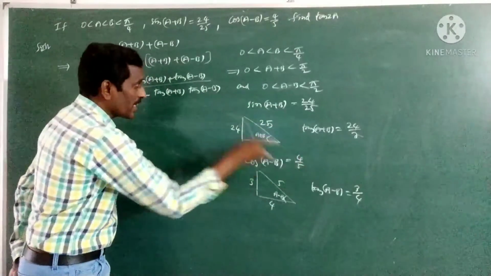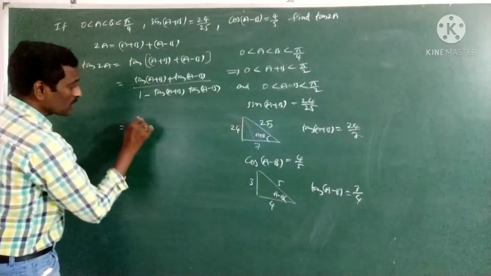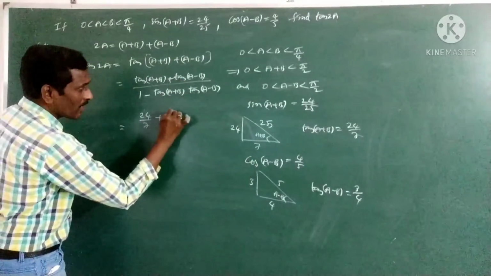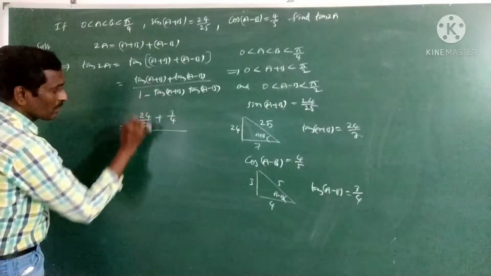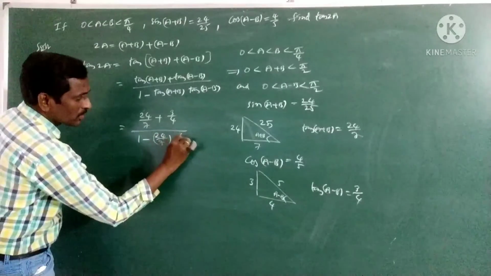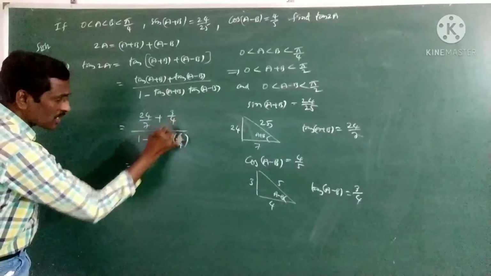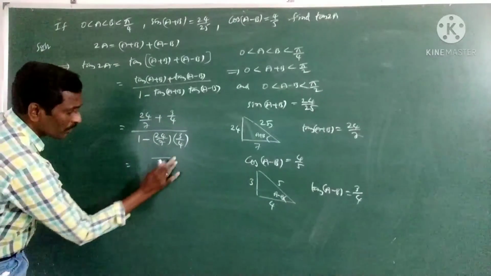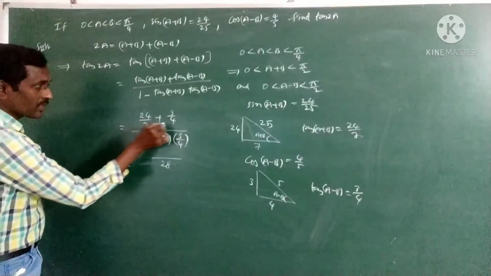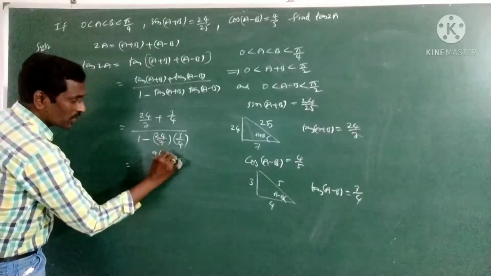Now put these values into the formula. This equals (24/7 + 3/4) divided by (1 − (24/7)(3/4)). Simplify this. Taking the LCM 28 in the numerator: 24 fours are 96, 7 threes are 21.